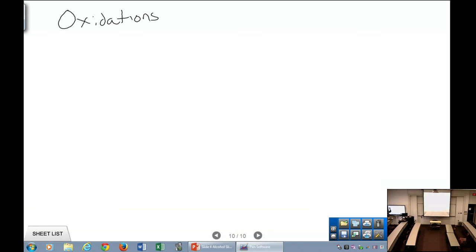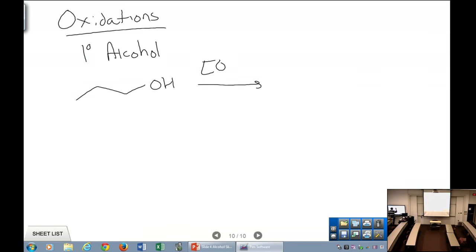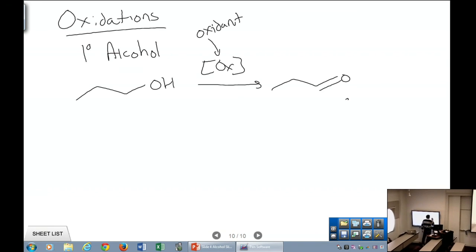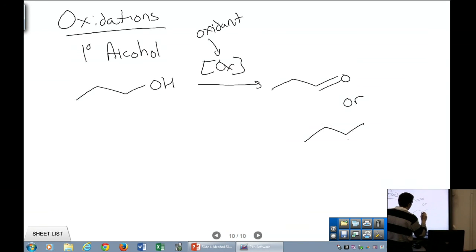if you have a primary alcohol, and again, we're going to use the generic OX for oxidant, you can convert that alcohol into an aldehyde or a carboxylic acid.